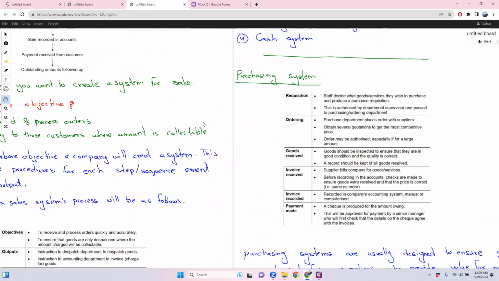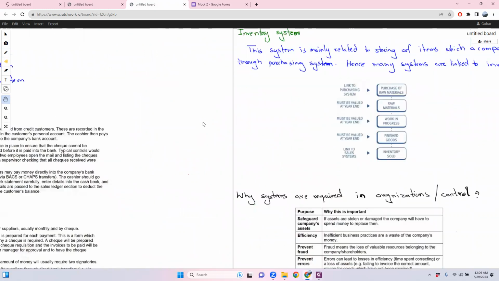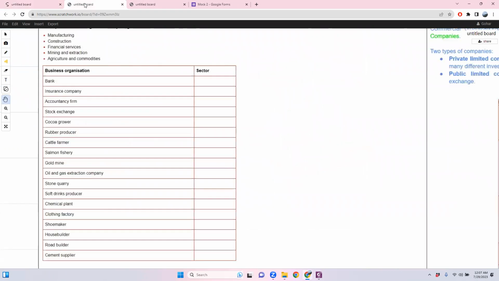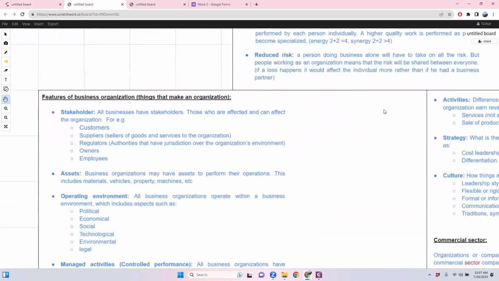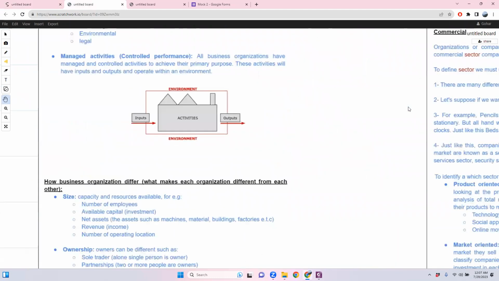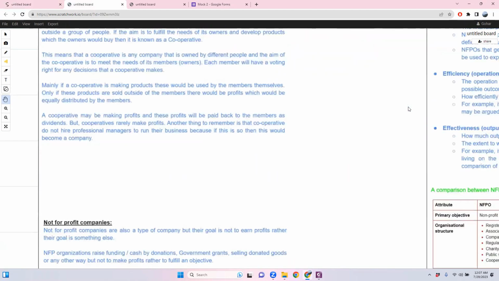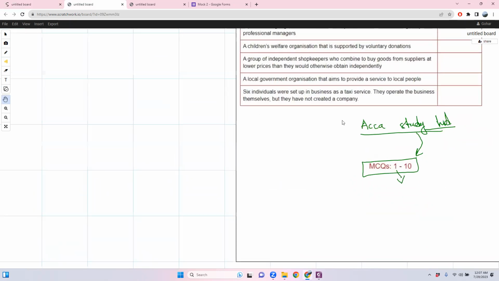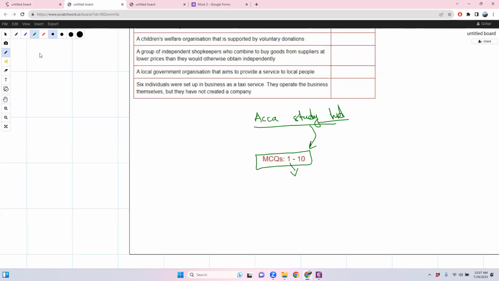So if we go down even further, when we have covered each chapter, the next step is solving the questions from the ACCA Study Hub and the Kaplan exam kit. In the lectures, whenever we complete a specific topic, for example, a topic which relates to business organization, in that same lecture we will solve the MCQs, first of all from the ACCA Study Hub.